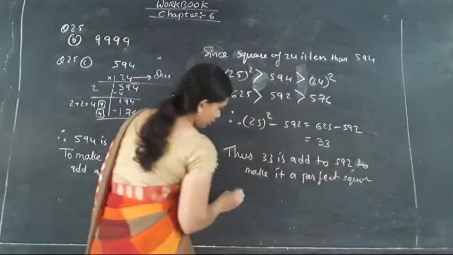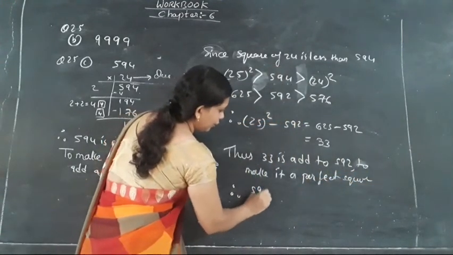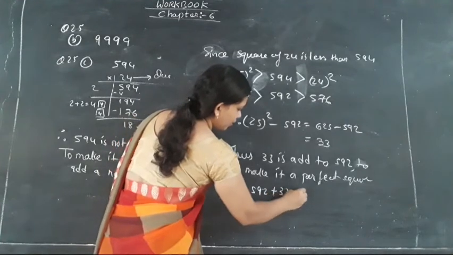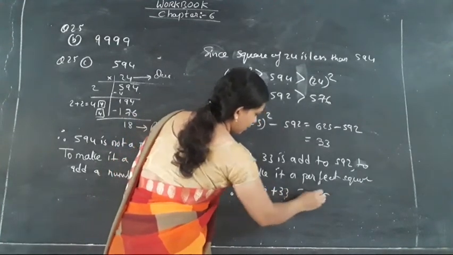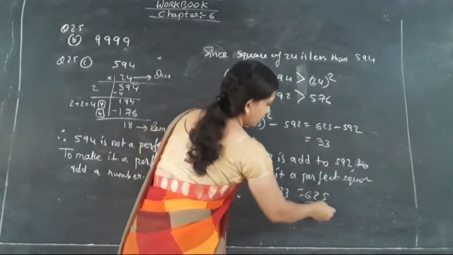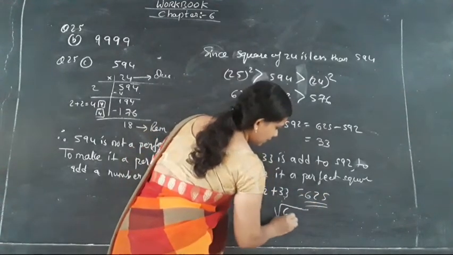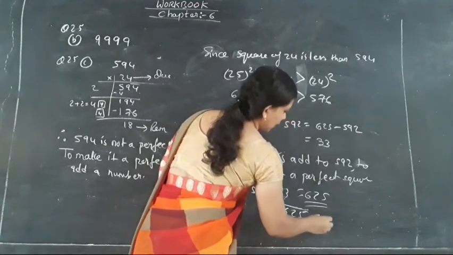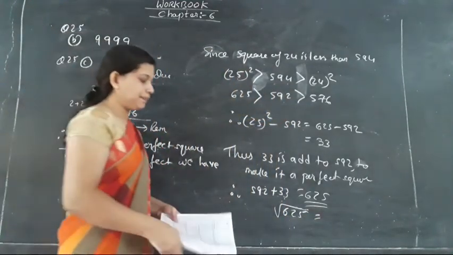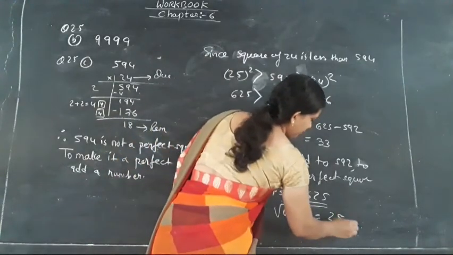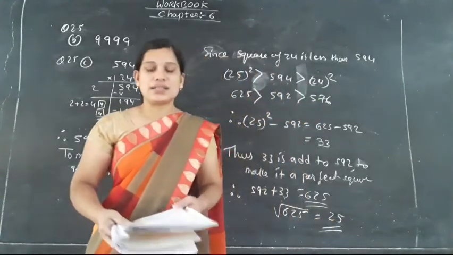Okay, so therefore 594 plus 31, इसका परफेक्ट स्क्वायर क्या होगा, 625 का आंसर हो जाएगा आपका, square root 25 हो जाएगा, ठीक है। This is the answer. Clear?